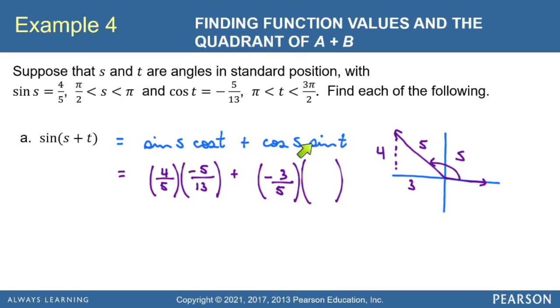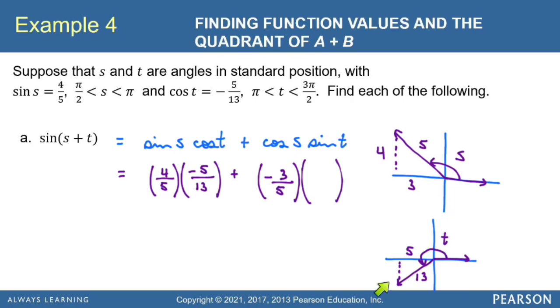Then we need to find the sine of T, so let's draw ourselves a diagram for angle T. They told us that T is between pi and 3 pi over 2 radians. So that's between 180 and 270 degrees. That's going to be a quadrant 3 angle. And then we'll close up that triangle. Now, if the cosine is negative 5 over 13, that means the horizontal side here is 5 and the hypotenuse is 13.